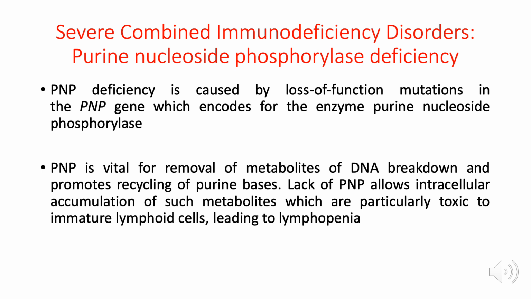DNA metabolites will no longer be eliminated, especially those metabolites that are acted upon by purine nucleoside phosphorylase enzyme. Now, these DNA metabolites are very toxic to immature lymphoid cells, causing them to die. And these patients will have low lymphocyte counts or lymphopenia. And that's the very reason why this one is classified under severe combined immunodeficiency, because both T cells and B cells are affected.